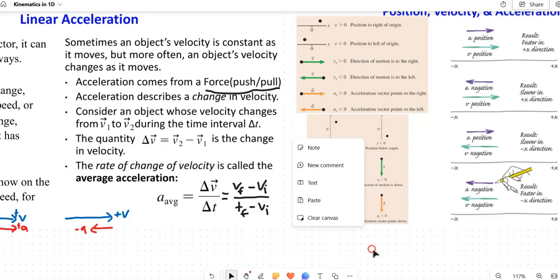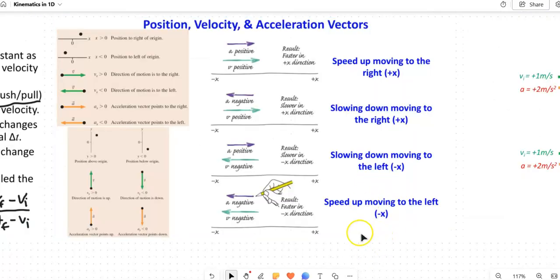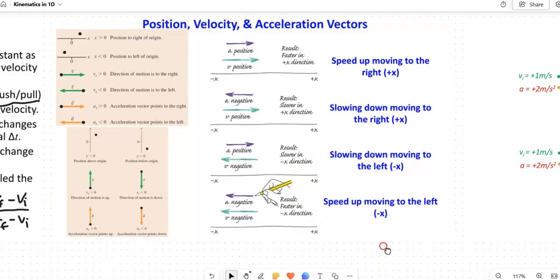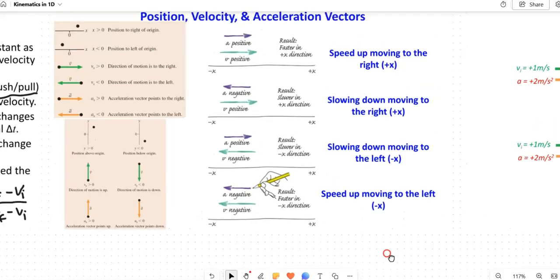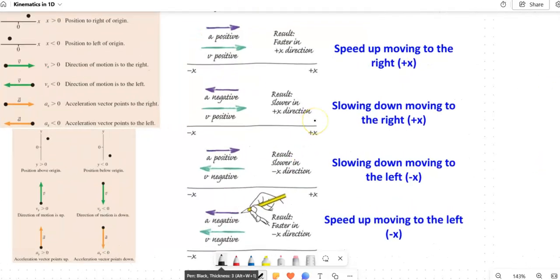Before we get there, let's define speeding up, slowing down, and constant velocity while moving to the right or to the left, which is this part. If you have an acceleration vector that is positive, if you're moving to the right and somebody begins pushing you to the right, you are going to be speeding up while moving to the right.